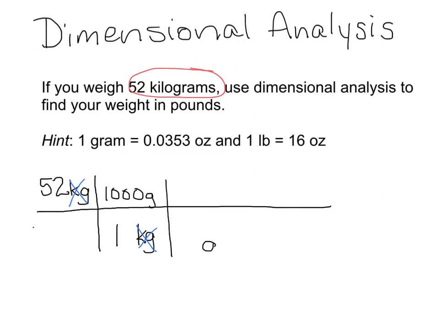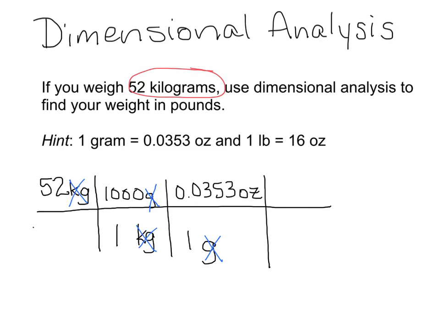But I am told that 1 gram is 0.0353 ounces. Okay. Now, my units of grams cancels out. Now I'm one step closer to where I need to be.